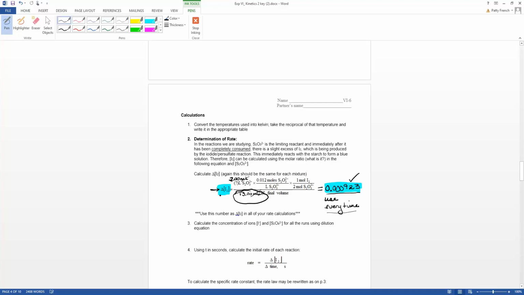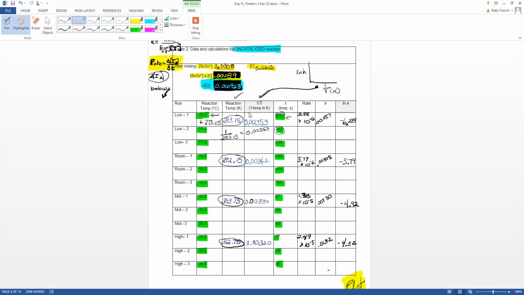And just like you used your delta I in every calculation last time, we're going to use it in every calculation this time. So now we have found our delta I, and we actually wrote it in right there, 0.000923.